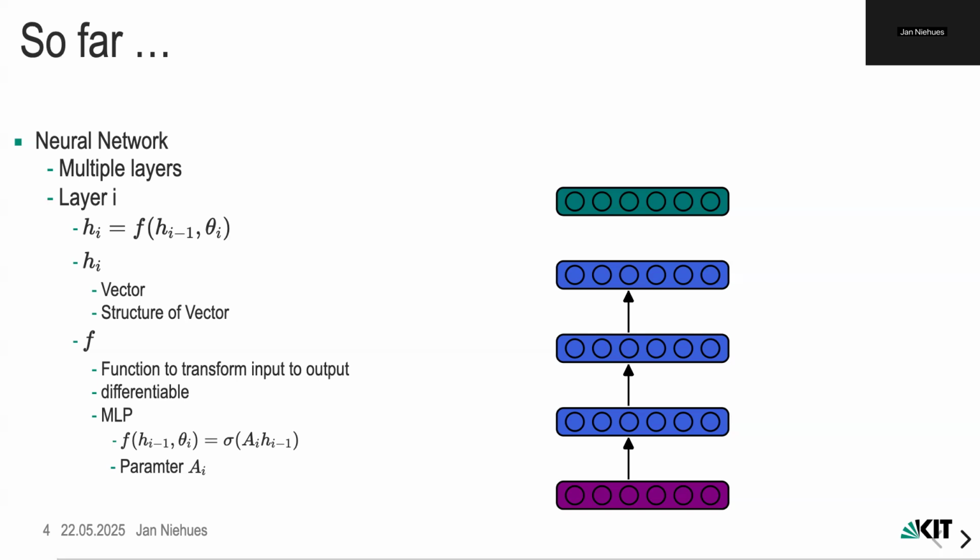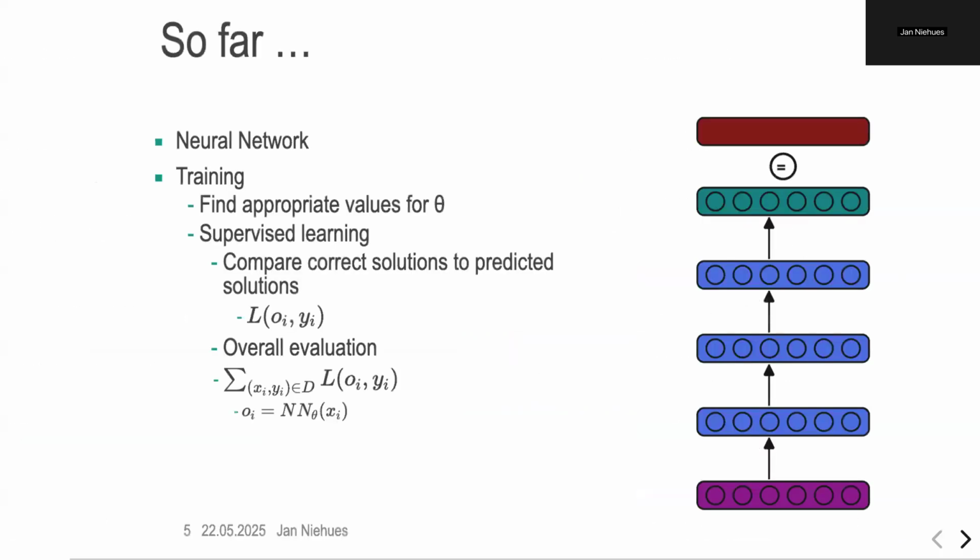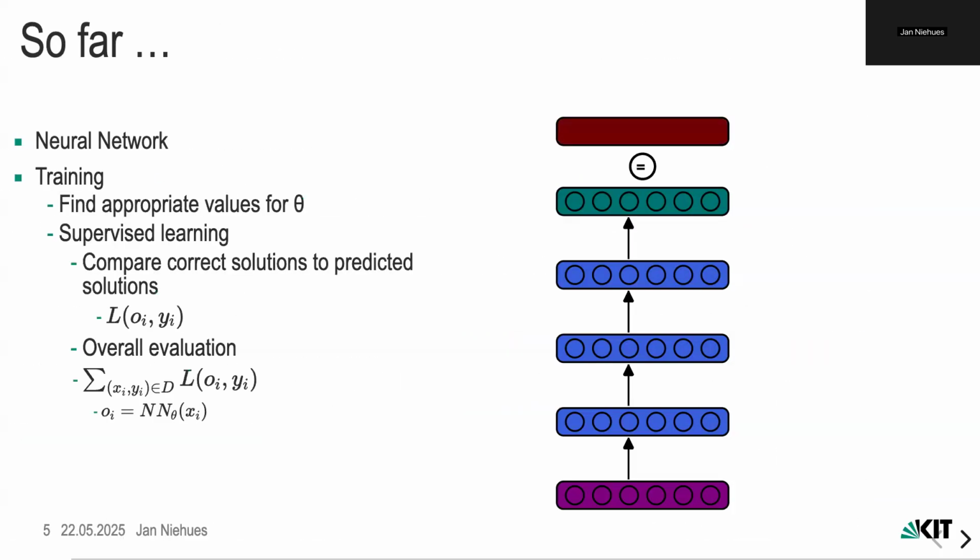Now the big question today is: how do we choose these A_i, or all our other parameters theta_i? At least in our current setup, we always assume that we're doing supervised learning. What does supervised learning mean? It means we know the correct answer.